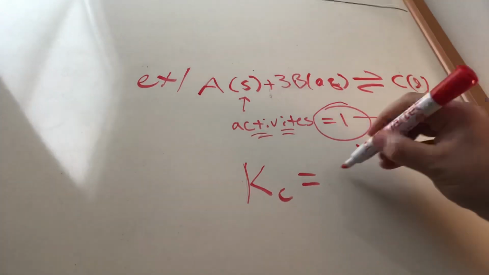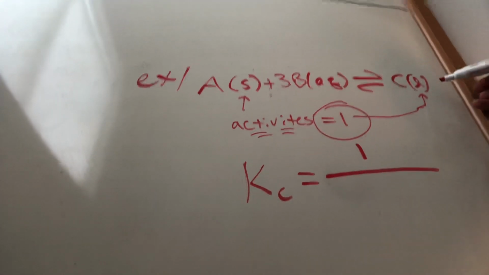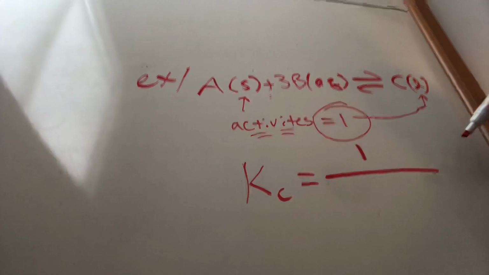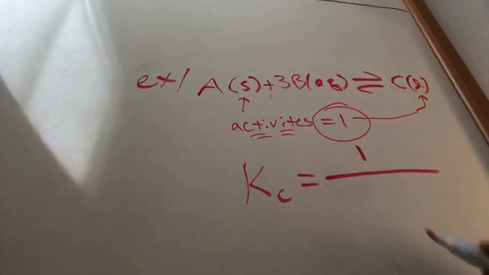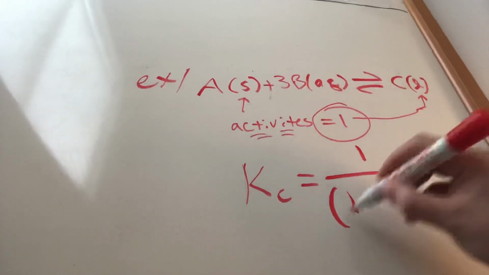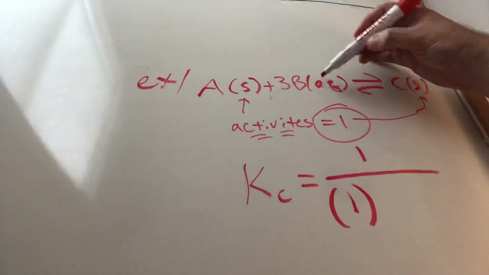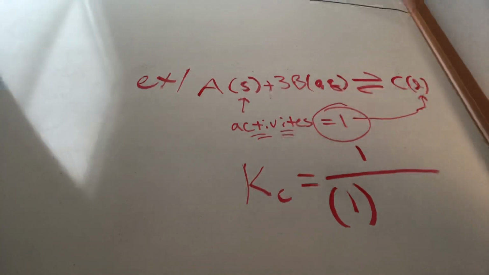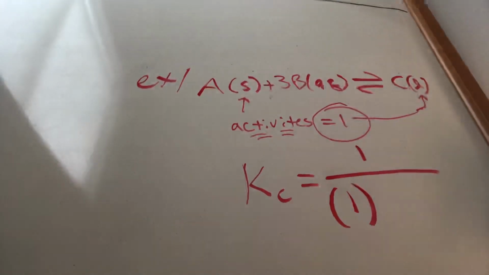So instead of putting anything there related to concentration, which doesn't make sense for a liquid, I'm going to put a 1. Same thing down here. I know I need A and B information multiplying each other, but for this A, its activity is 1, so I don't worry about concentration, since that concentration doesn't exist.